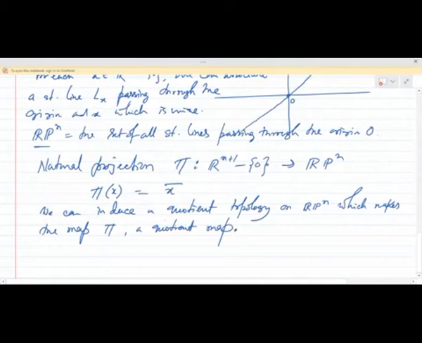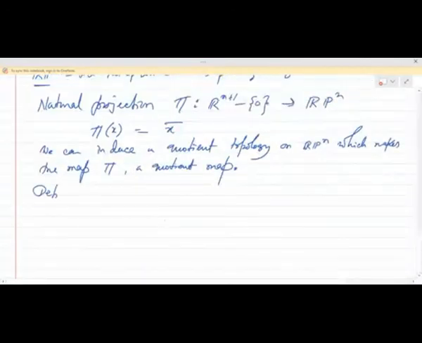So what is the definition of a quotient map?